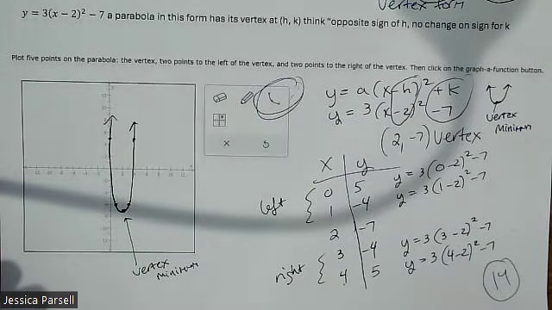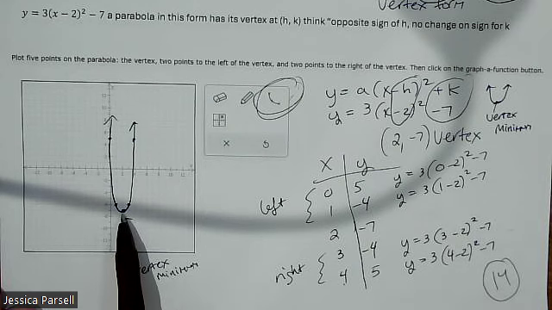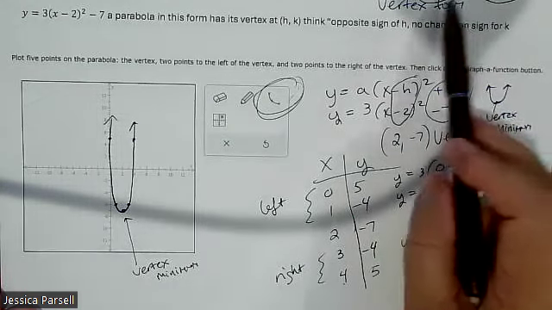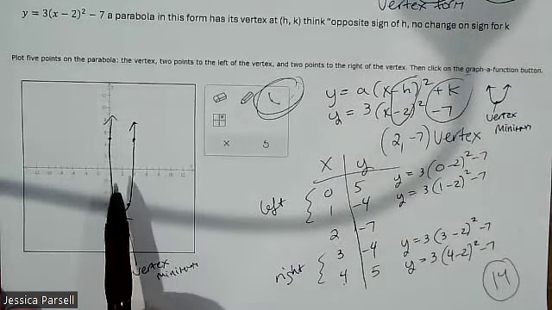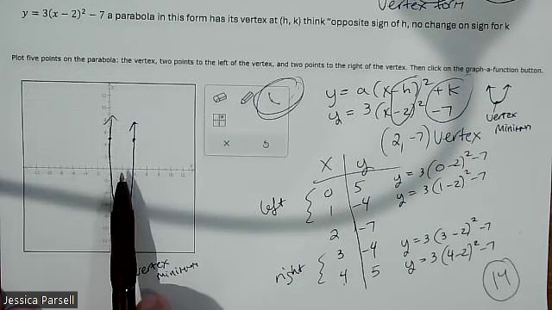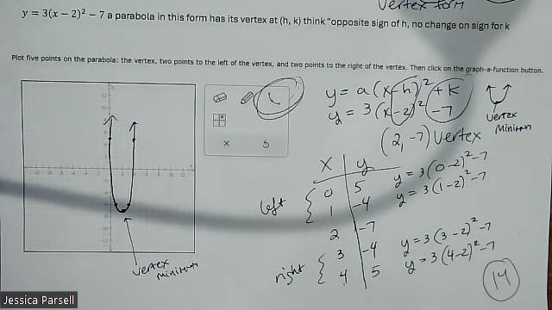Okay, and that should satisfy the workload for this particular problem because we have graphed the vertex, which we got from our HK, and then we just substituted in some x values to the right and some x values to the left to help give us the actual, correct shape of that parabola.